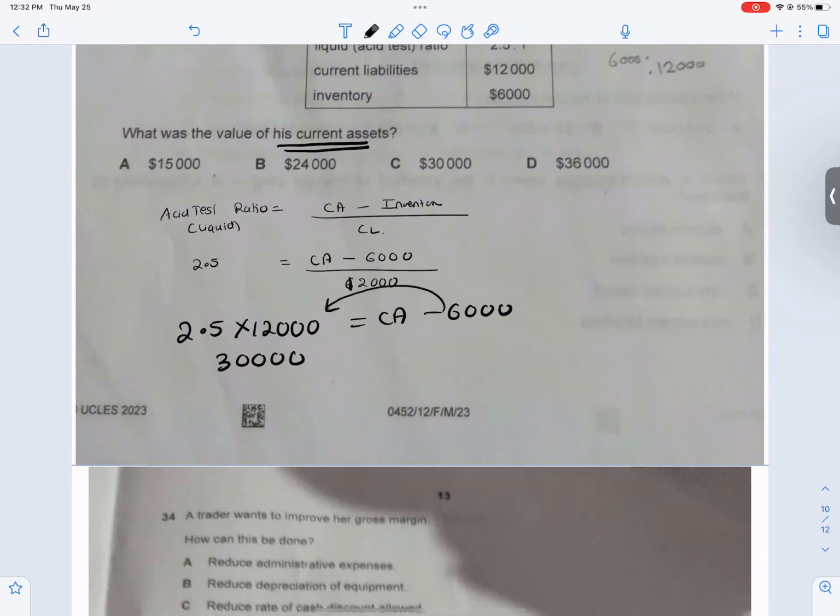Minus 6,000 I will take over here, so it will become plus 6,000, equal to current assets. So 36,000. My current assets will be 36,000. The option is D.